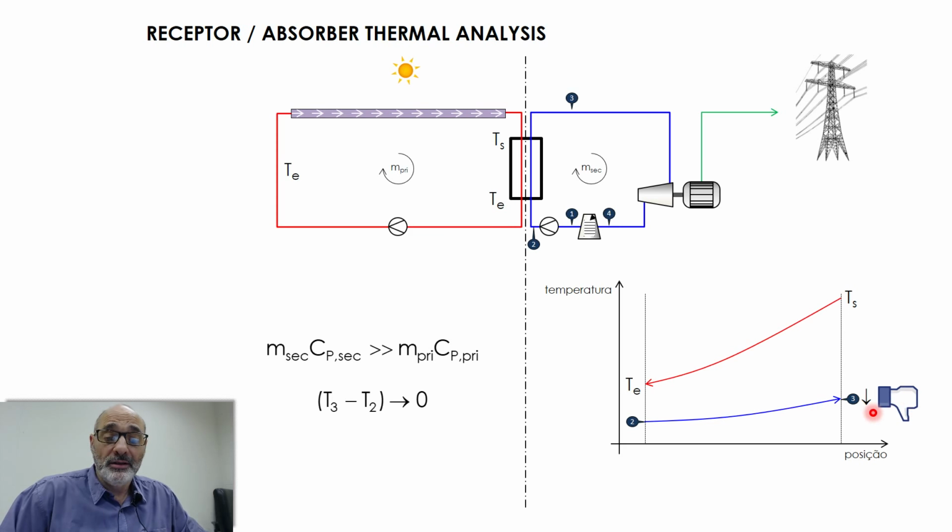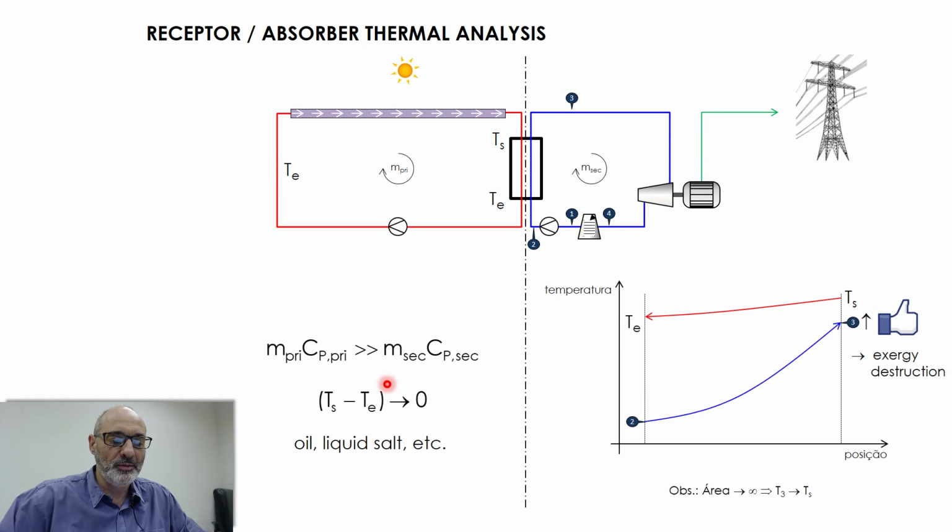And as I mentioned, this is not good. Why? Because we want to have very high T3. We want to increase T3 in order to increase the first law efficiency of the conversion cycle here. So we have to work to avoid this situation.